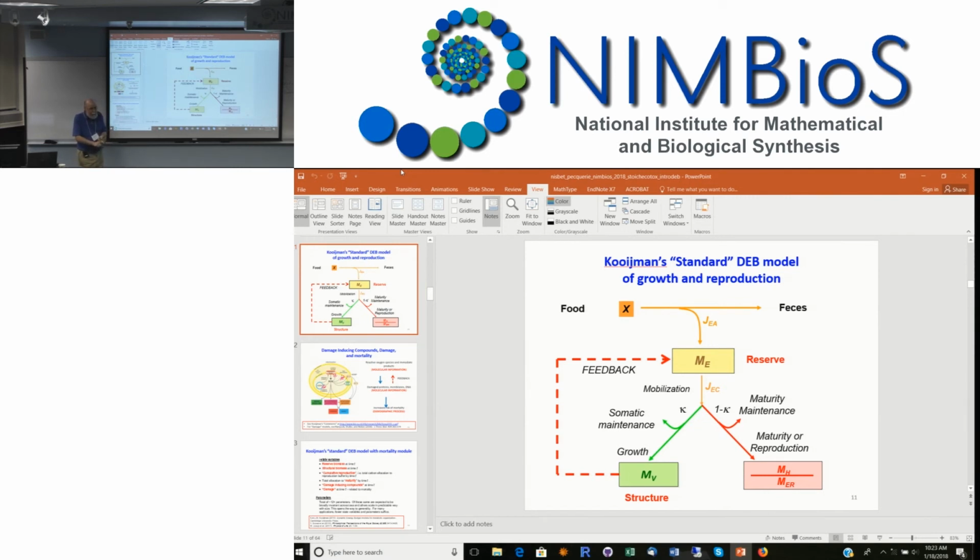There is a paper that she's one of the authors of that came out, I think, in 2009 or thereabouts, that talks about the different parameters that you can estimate from different types of data. And then the way this package works uses an approach developed by Dina Lika and others in the DEB community.